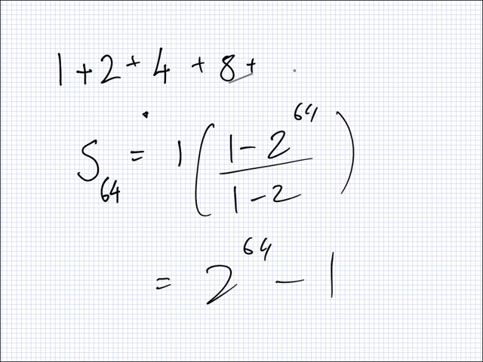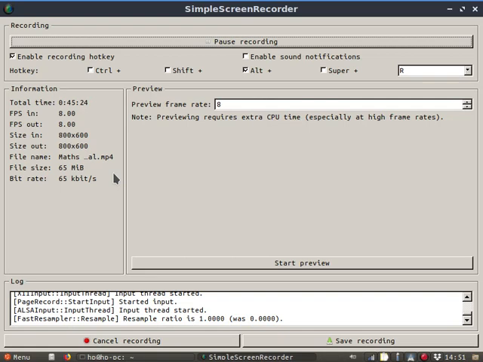Why 2 to the power of 64? It's 2 to the power n, and there are 64 terms, the number of squares.